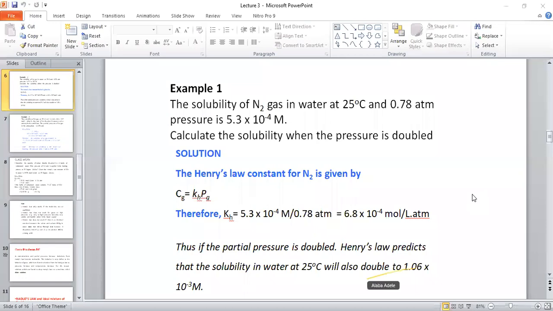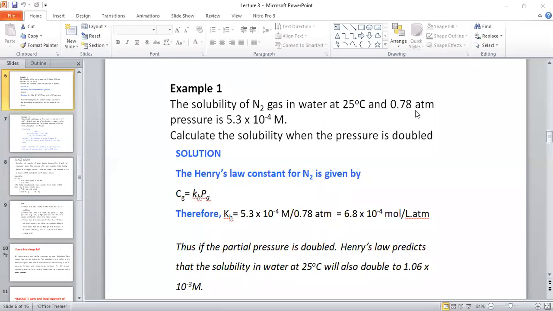The next thing you will do is calculate the solubility of nitrogen gas when the pressure is doubled. The pressure we have here is 0.78 atmosphere. If you double that pressure, what pressure will you have? You just multiply 0.78 by 2, that is doubling it.